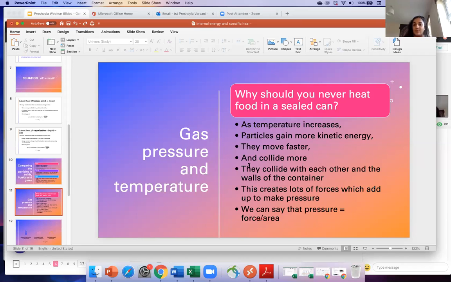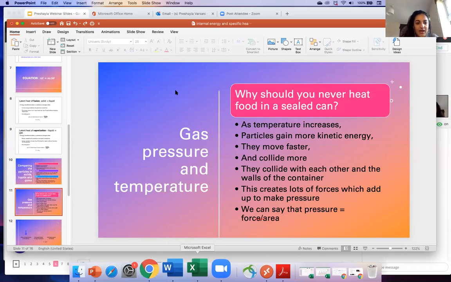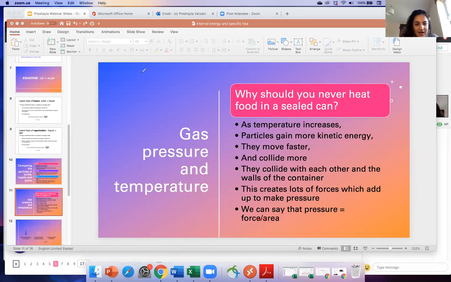Now, okay, we know that pressure is created by force, but let's say we have a container, and the container is pretty big. It's a can of this size. It's a sealed can. Okay, and then we have a container that is much smaller.